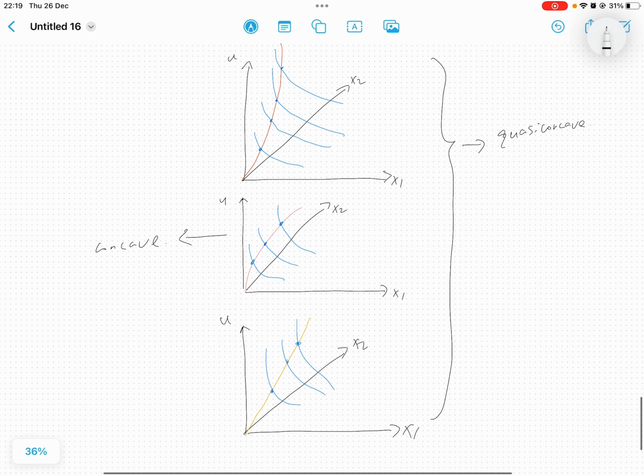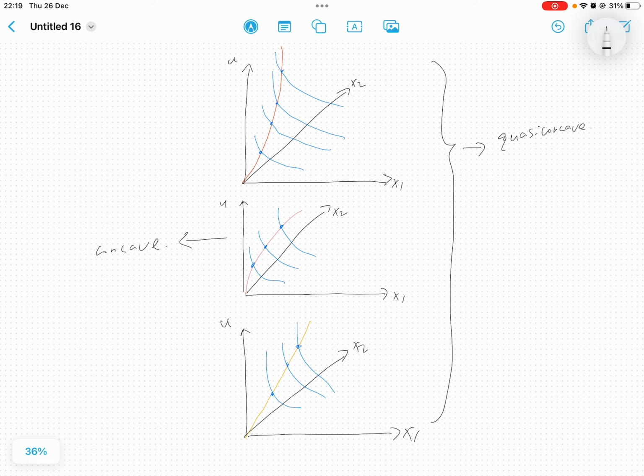So let's have a look at those three little pictures that we have in the three-dimensional positive real space for different utility functions, regarding x1, x2, two different commodities. Right in the middle, this would be a utility which is concave.